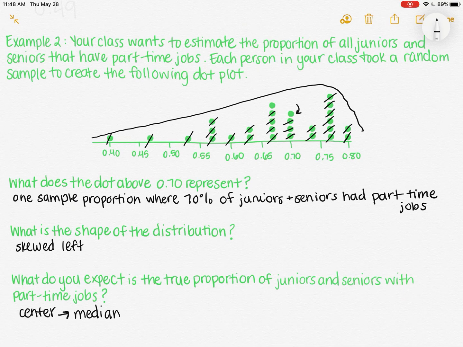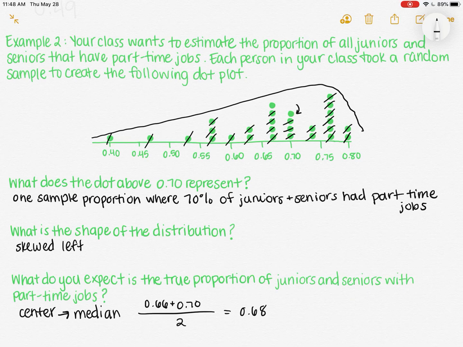It looks like one is at 0.66, and one is at 0.7, so I need to find the average of 0.66 and 0.7, which I can get by just doing 0.66 plus 0.7 and divide by 2. And if you do that in a calculator, it will give you 0.68.